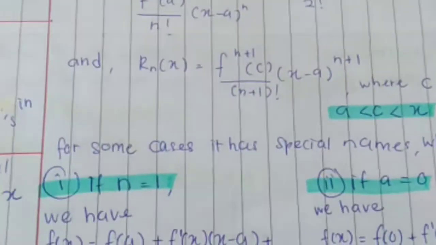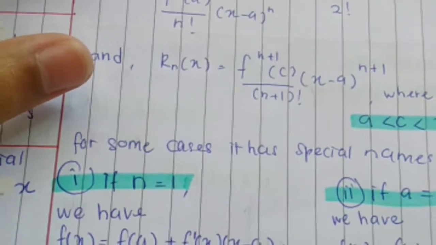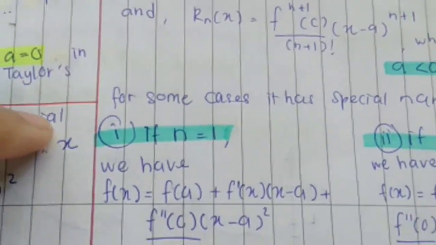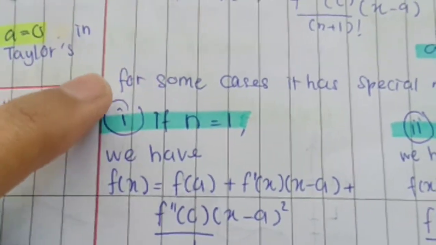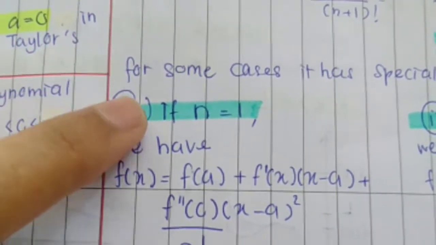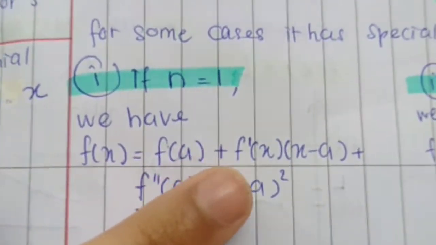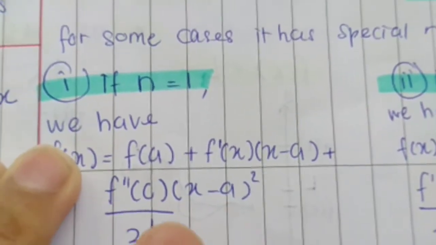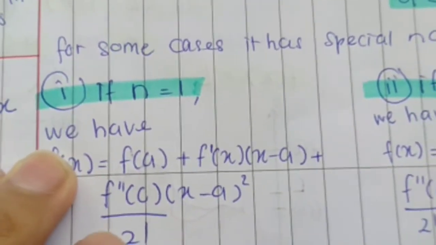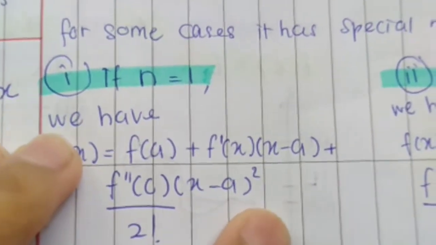Alright, for some cases in this Taylor's polynomial, we have other names. The first one is when n equals 1, which means the order of the polynomial is 1. So we have f(x) equals f(a) plus f prime(a) times (x minus a) plus f double prime(c) over 2 factorial times (x minus a) to the power 2.